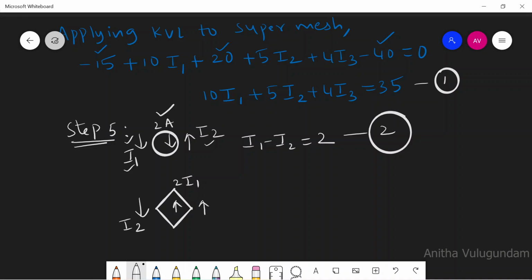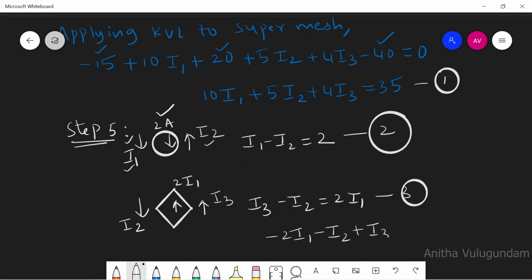I2 is like this, I3 is like this. We can write the net current as I3 minus I2 equal to 2I1. I'll just rewrite this as minus 2I1 minus I2 plus I3 equal to 0. Let this be equation number 3.